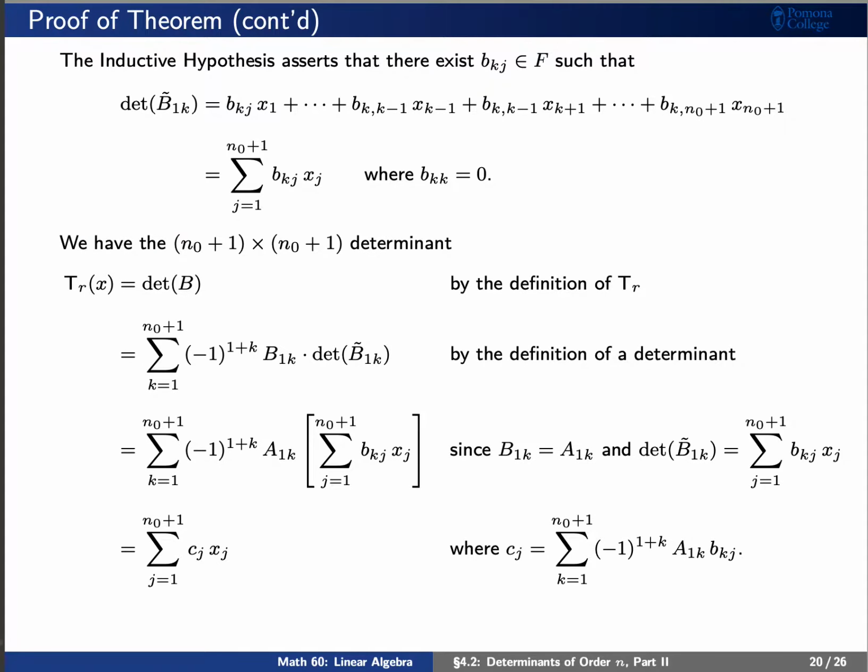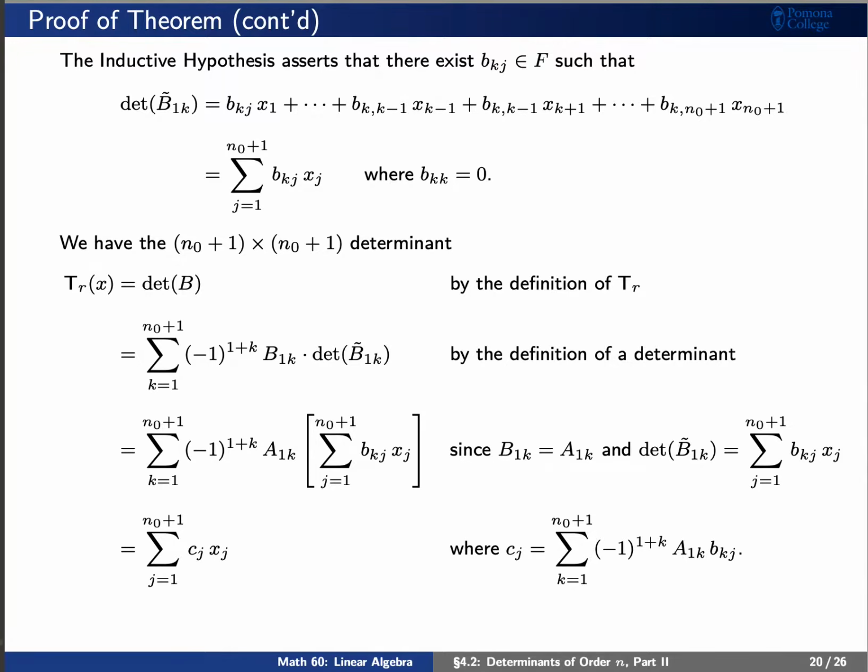We can put this back into our definition for T sub r of x. Remember, this is the determinant of B, but according to the definition of the determinant, we have an expansion here along the first row. Our B1k, that scalar, is simply A1k, because remember that we didn't change the first row of B. We changed row r, where r is greater than or equal to 2. So B1k is just A1k.